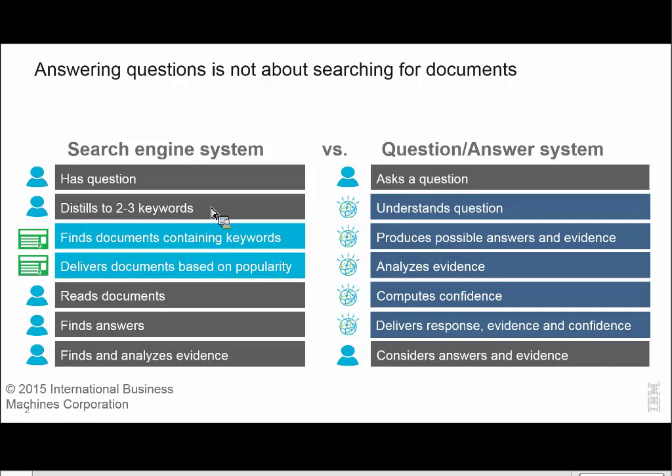In the question answer system, there's really meant to be a more in-depth analysis and understanding of the question and contextual information that's coming in, providing potential answers and the evidence of how the system came up with those answers, and then being able to return confidence scores along with those set of answers.